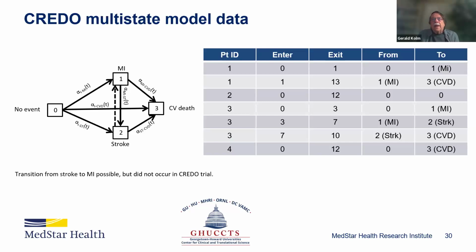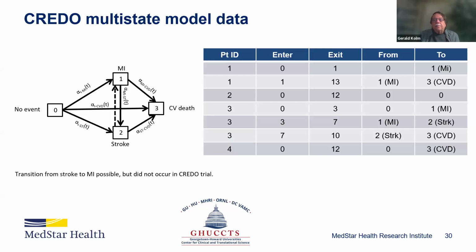So you have a row for each event for each patient. If they have multiple events, each patient will have multiple rows of data, and then you need to designate what event they have at that particular time.